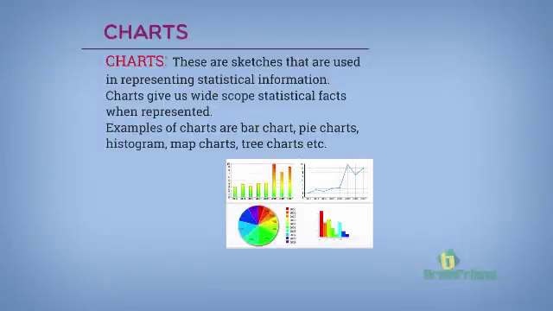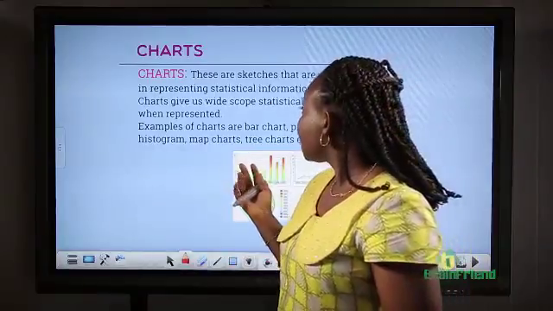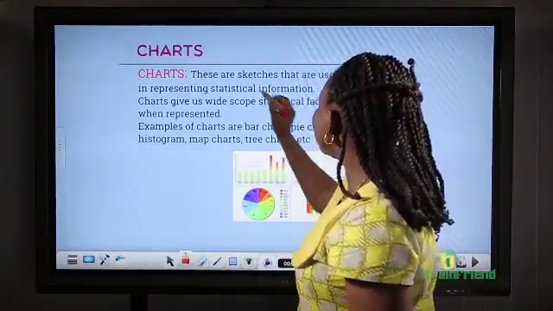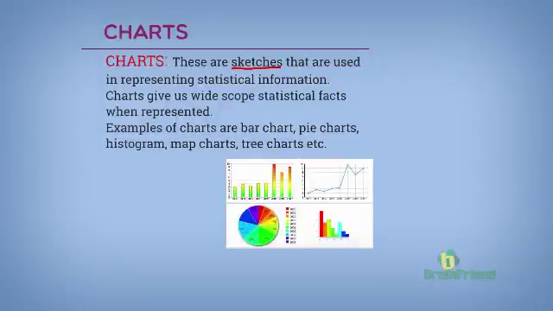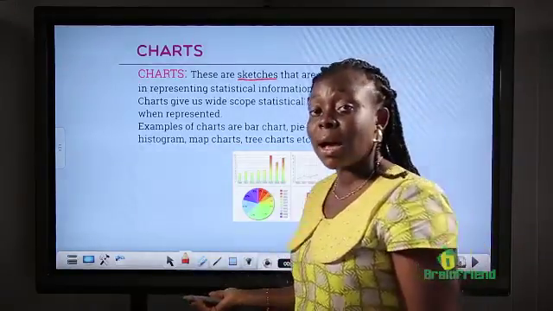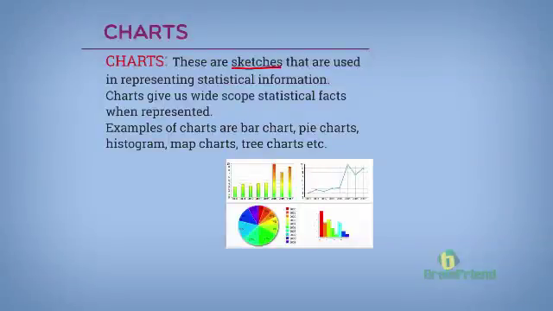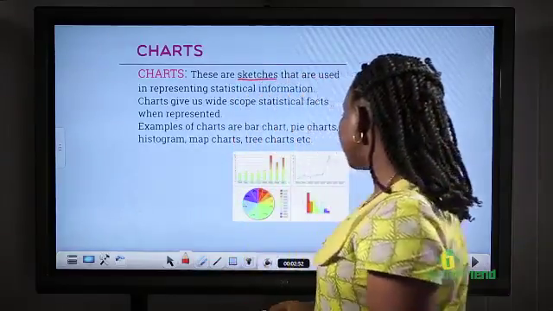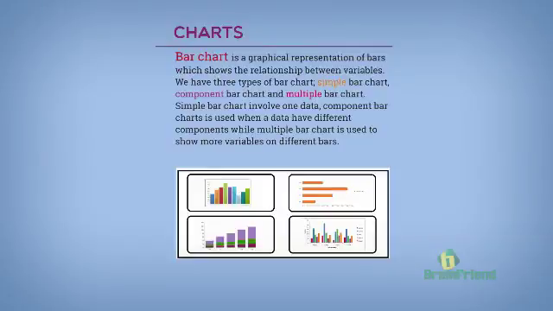Another group of tools are charts, and charts are simply sketches that we use for economic analysis. Examples of charts are bar charts, pie charts, and map graphs, as the case may be. Quickly, we'll be looking at the different types of charts, and one of them is a bar chart.